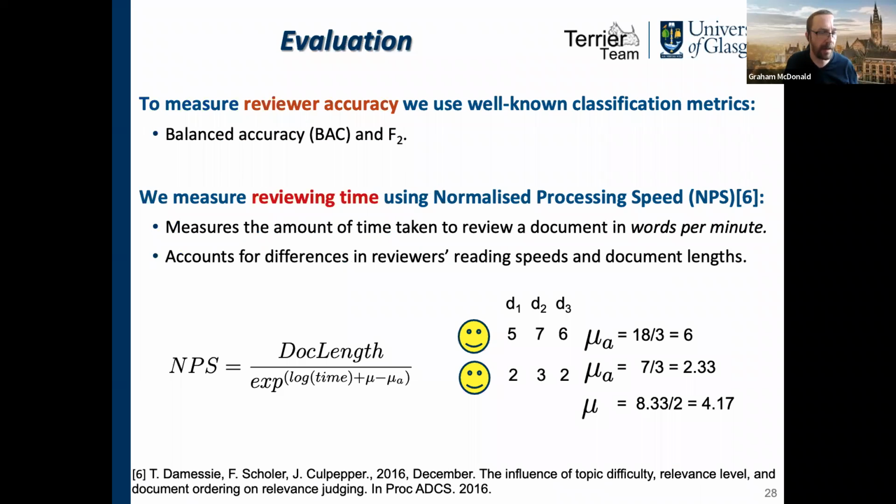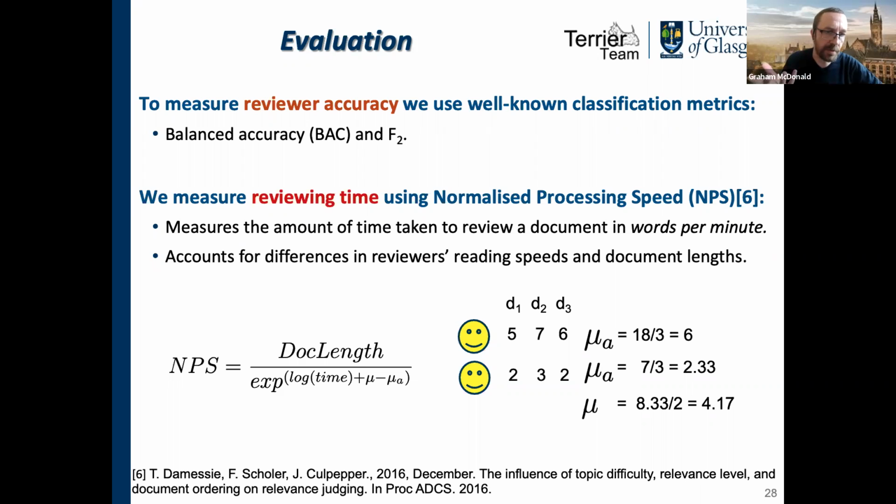So how do we evaluate the outcome of the user study? We want to measure reviewer accuracy. In essence, we're treating the reviewers as a classifier, so we can use classification metrics to see how well the user study participants' judgments match the expert ground truth.